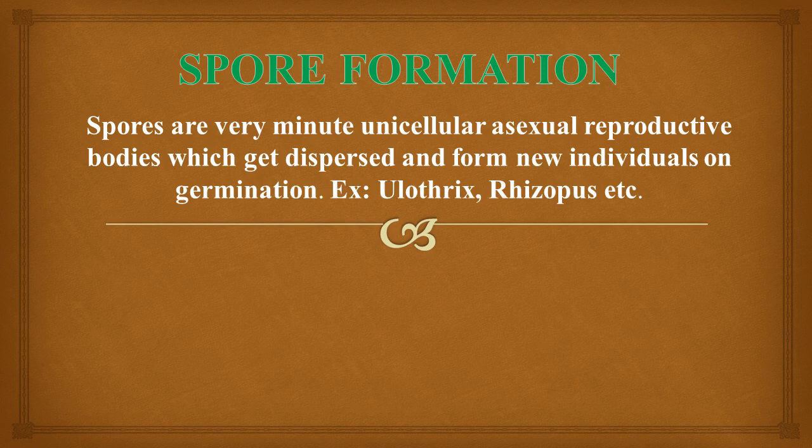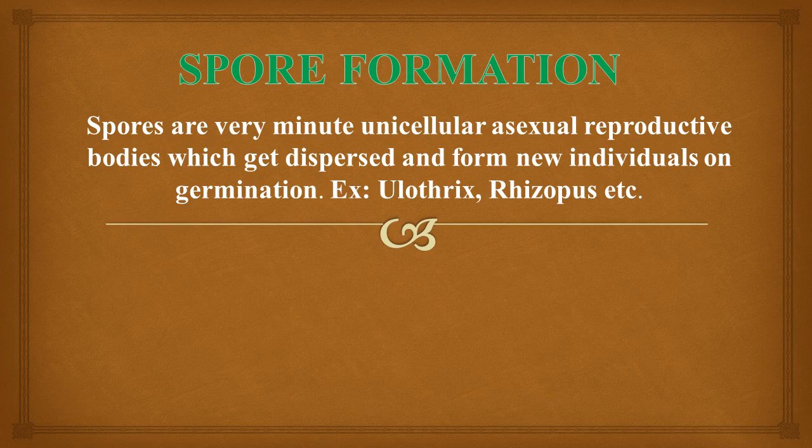Once the spores increase in number, the wall of the sporangium bursts, and the spores are released into nature by a process called dispersal. Those spores later develop into new individuals by germination. You can give examples like Ulothrix and Rhizopus. These are all examples you can give for spore formation.